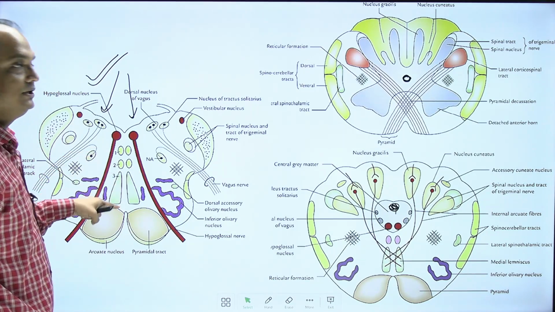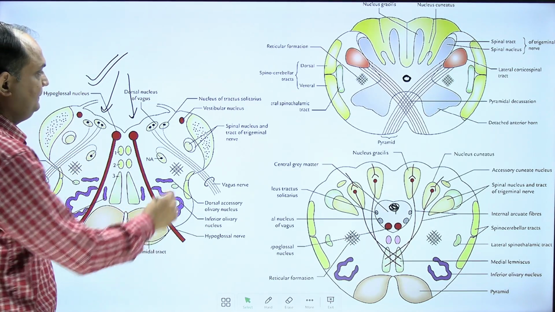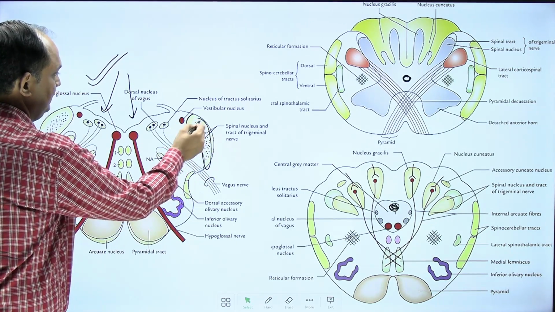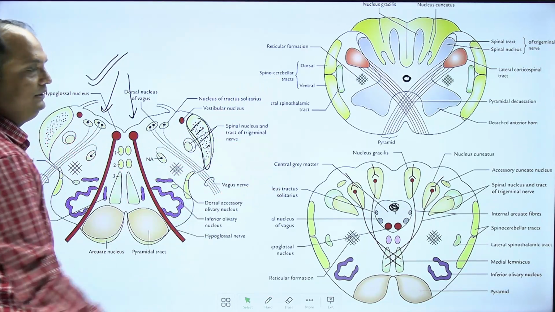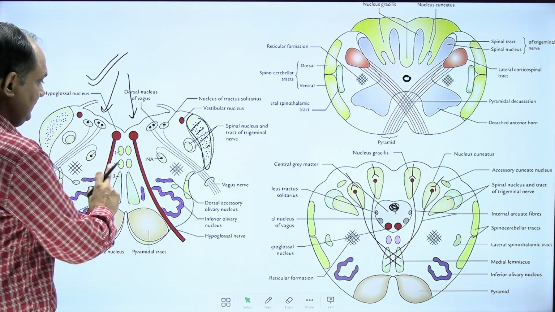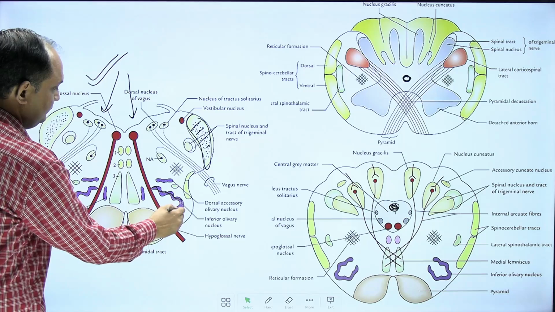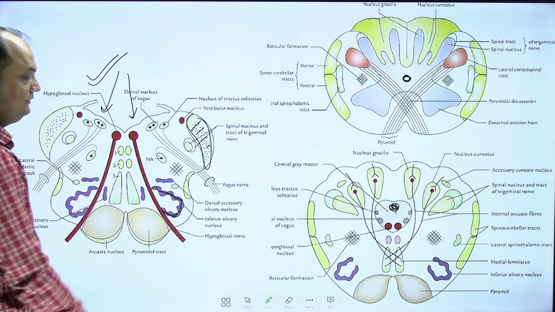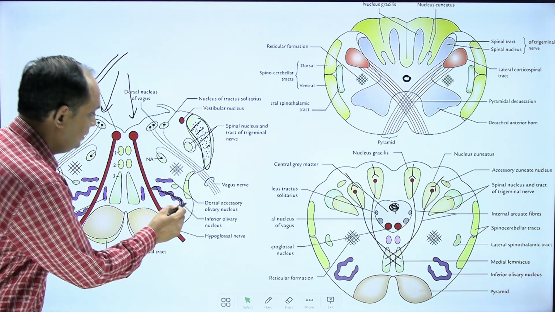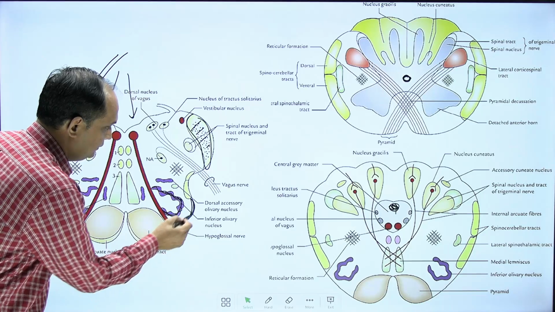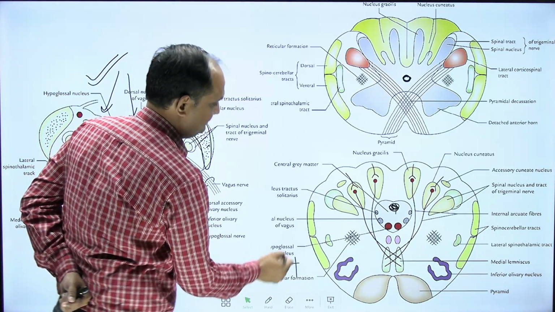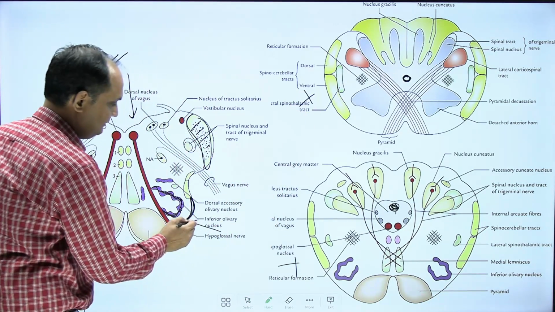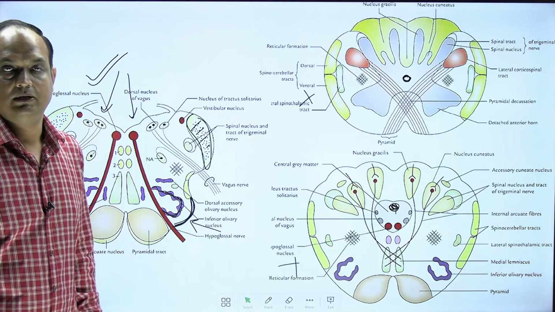In this section there is the presence of the inferior cerebellar peduncle, which is not present in the other two sections. In this upper part of the medulla there is a very prominent feature producing an external elevation, known as the olive. So the olive is not present in the other two; it is always a feature of the upper part of the medulla.